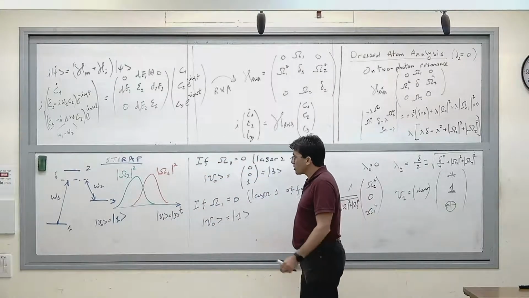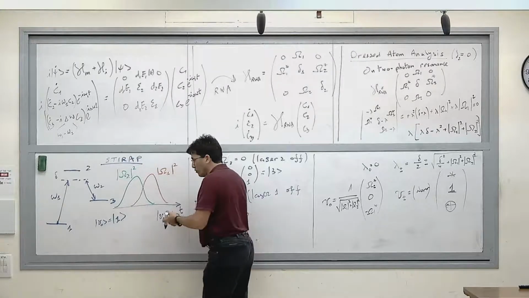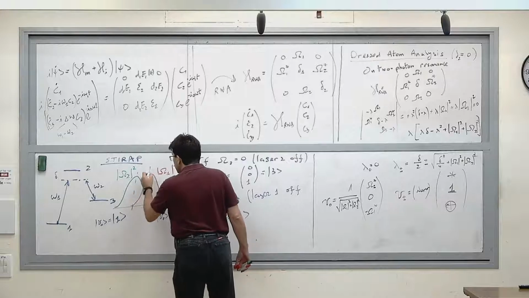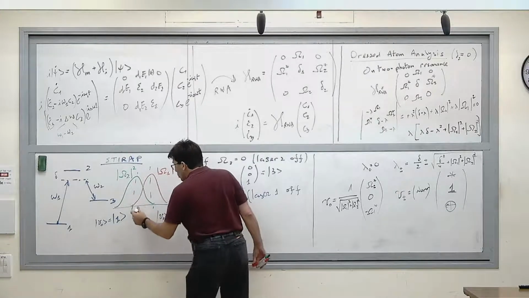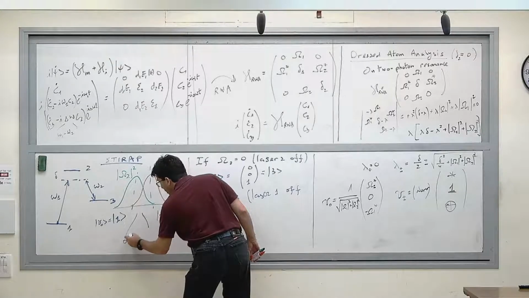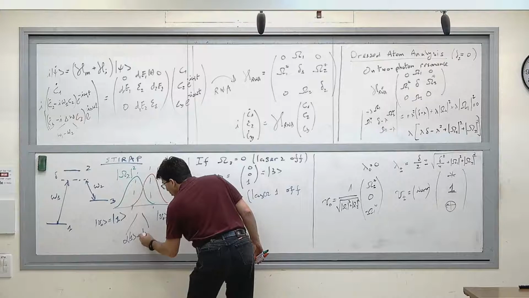In between, there's a coherent superposition of 1 and 3. So here in between, there's some alpha 1 plus beta 3.